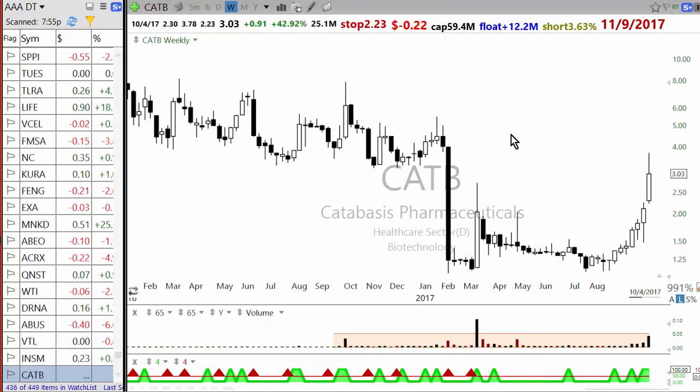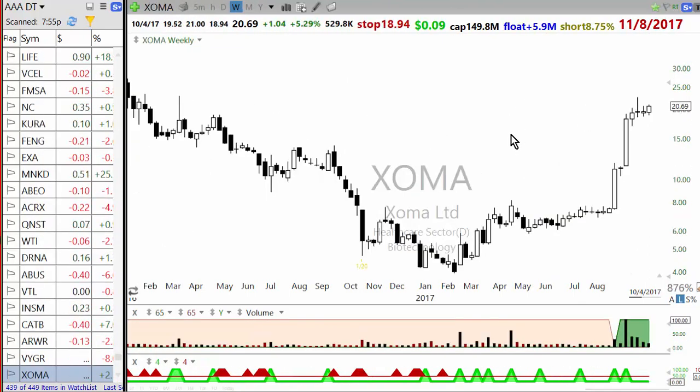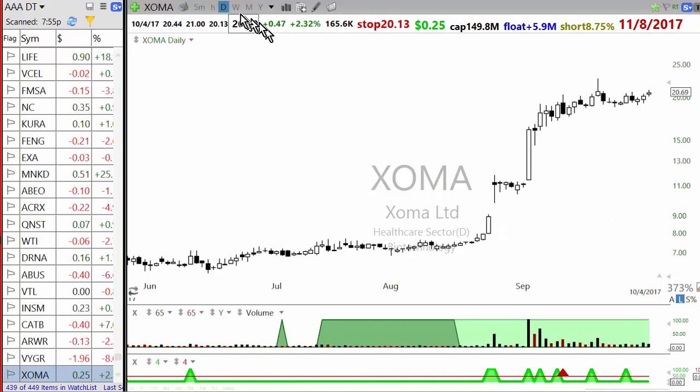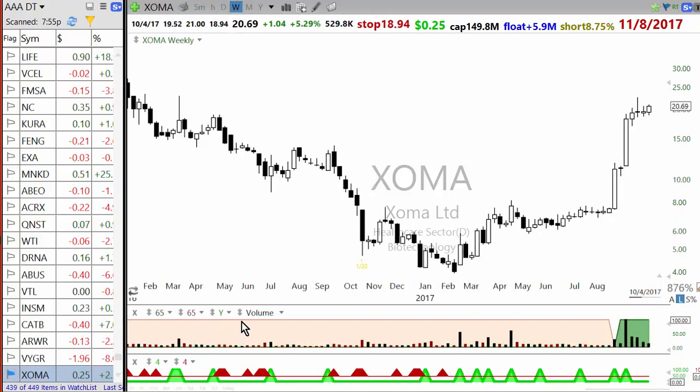Insmed Biotechnology. I'd say three weeks sideways. It's breaking out already, but it still is, on a weekly, a good setup, so that's something which you can look at.